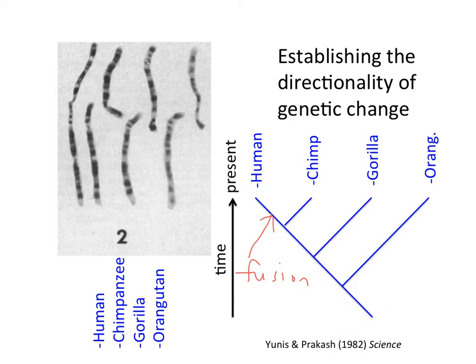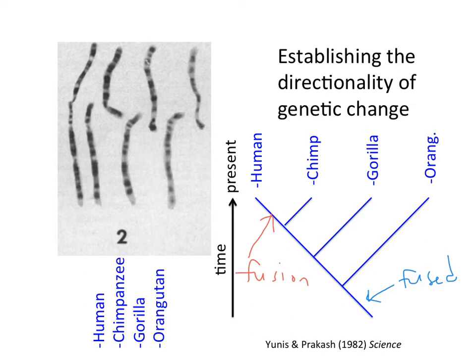What's another way to interpret this? Well, you could say, in a different color, that the two chromosomes were fused here, back in time, when there was a common ancestor to all of the primates.